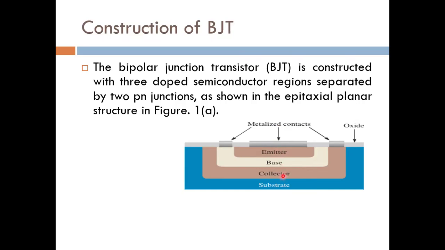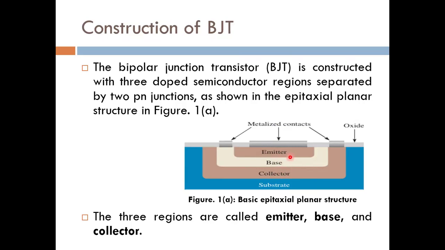So this becomes an NPN transistor. Another possibility is P, N, and P. So these are the two possibilities for this transistor, either NPN or PNP, and these three regions are called emitter, base, and collector.